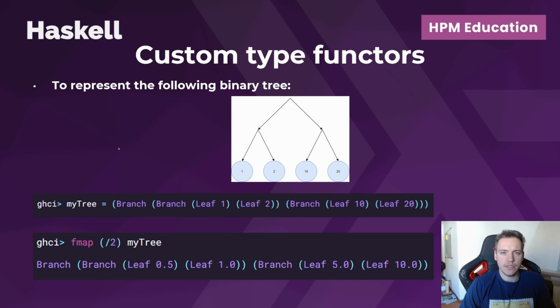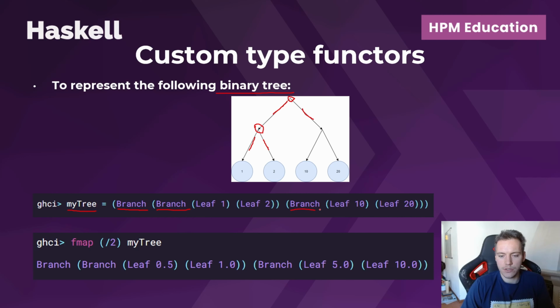Here we have the example of a binary tree that uses our data type tree from the last slide, and we define an instance of this tree as a branch. So the first node is a branch here, right? It does not hold any value, but instead it has two children, left and right. The left child is also a branch, so it also does not hold any value, but has two children.